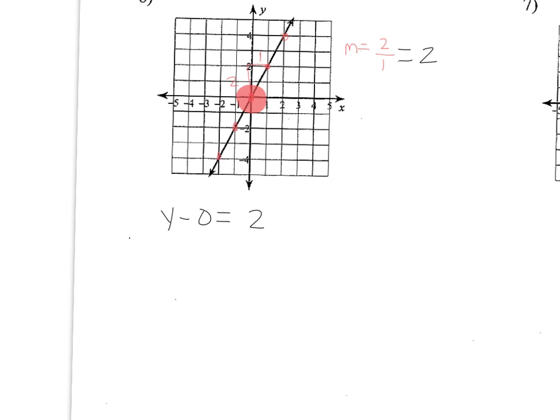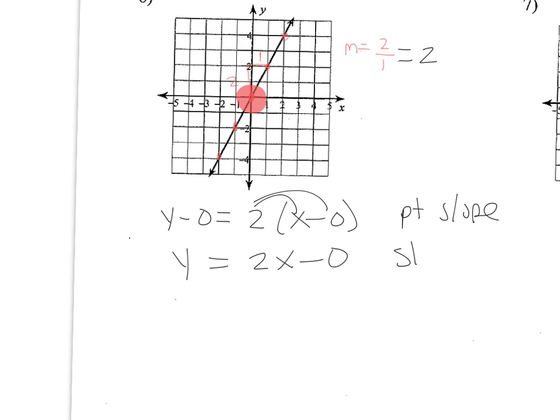I should have probably done that a little earlier, but 2/1 should equal 2. And then x minus 0. So there's point slope. Okay, slope intercept. Distribute the 2 through. So I'm just going to put y because y minus 0 is the same thing as y. 2x minus 0. So there's slope intercept.